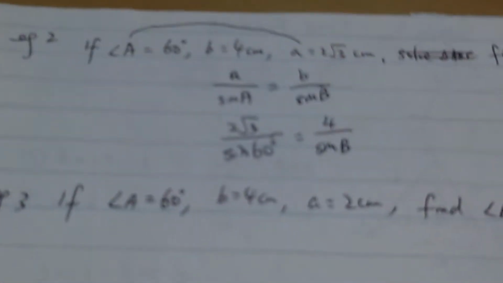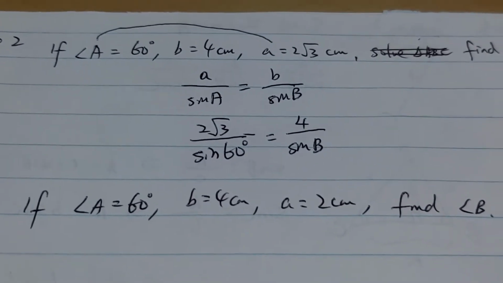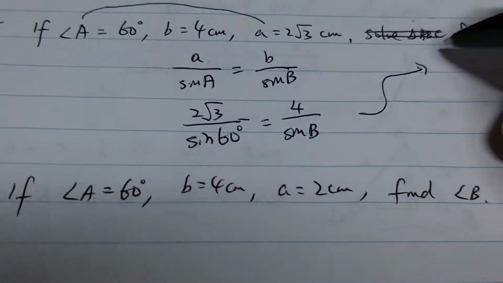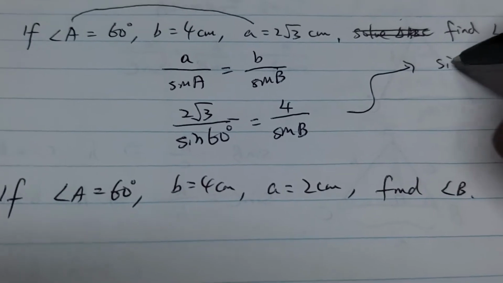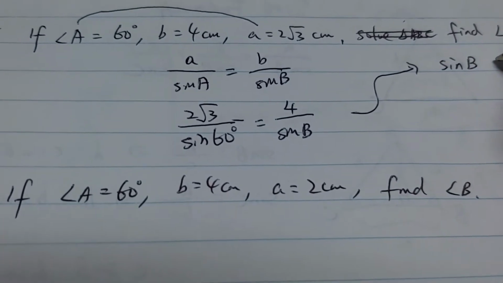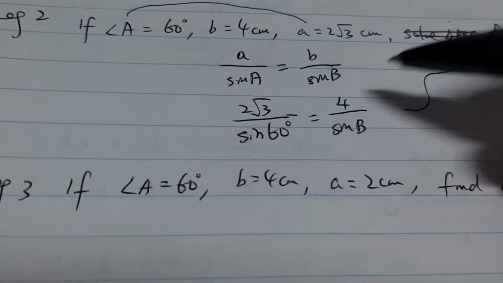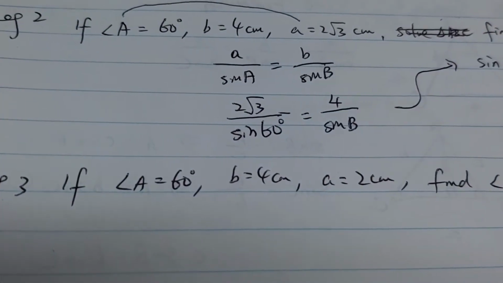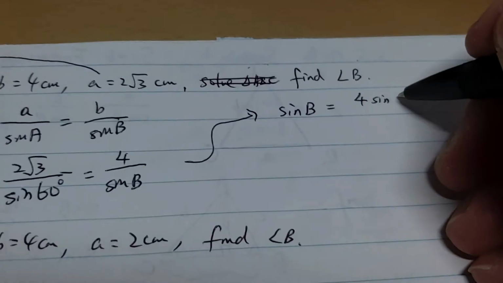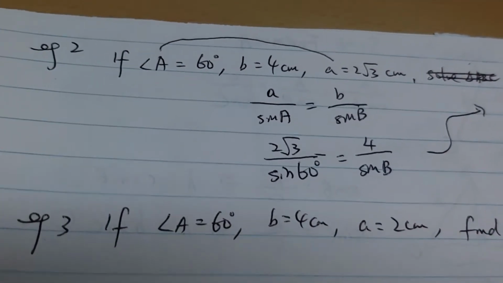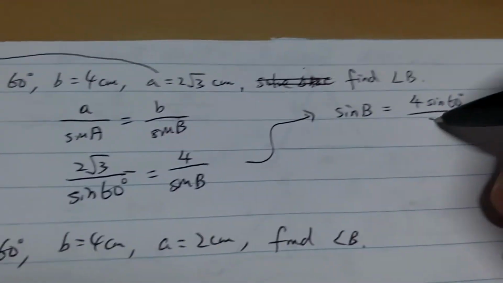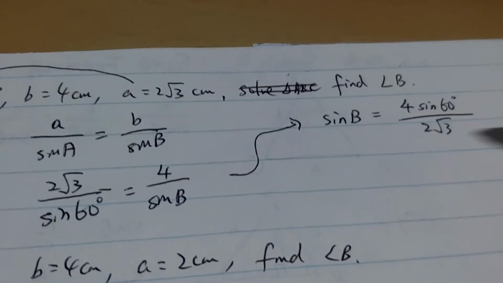So we need to solve this problem. We make sine B the subject: 4 times sine 60 degrees over 2 square root of 3.